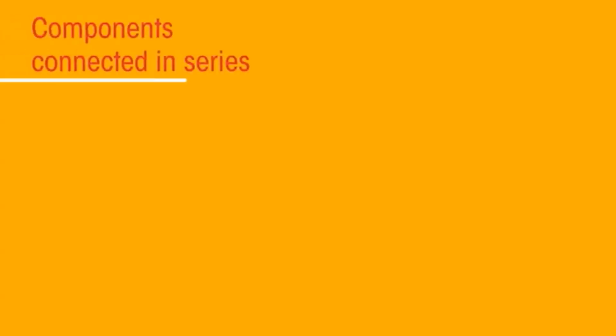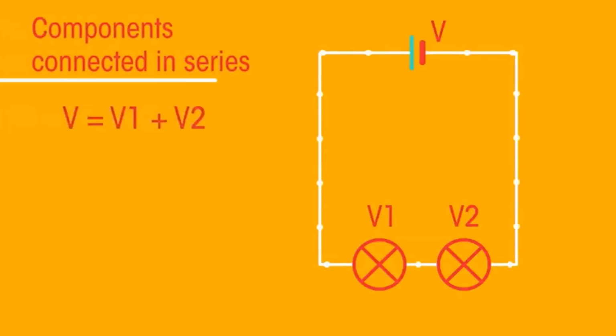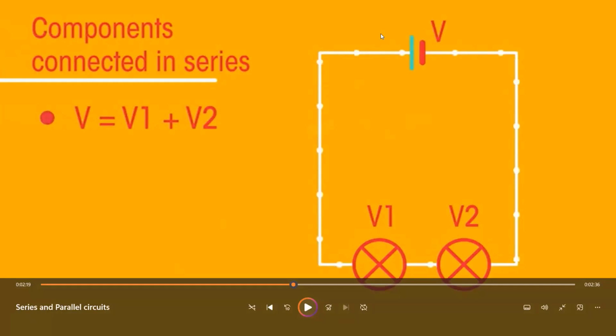For components connected in series, the total voltage or potential difference of the power supply is shared between the components. This means if this is 6 volt, the electrons or the charges moving in the circuit will give, if these are identical, 3 volt to the first one and 3 volt to the second one.